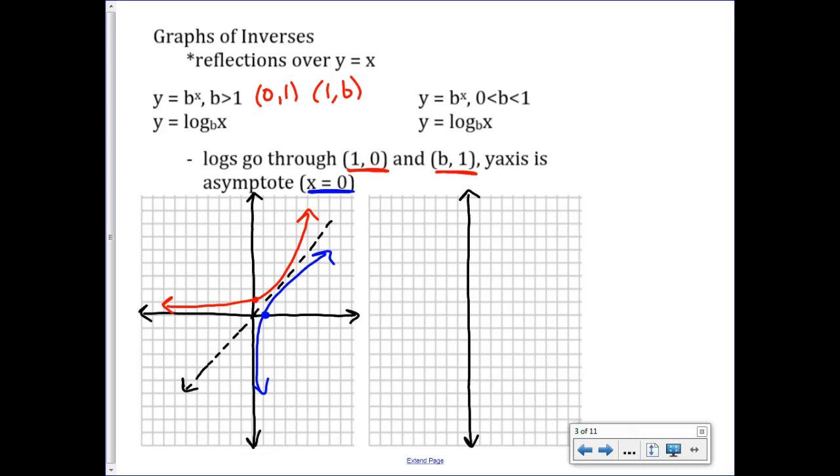Very similar on here. I'm at (0, 1) and (1, b), but remember that when we're talking decay, it looks more like this.